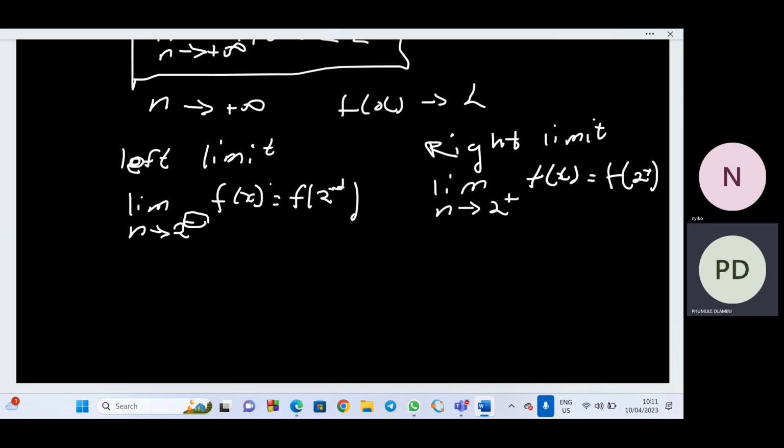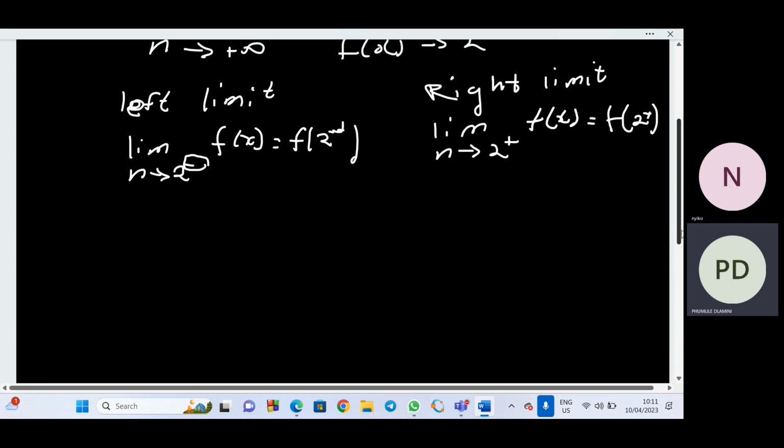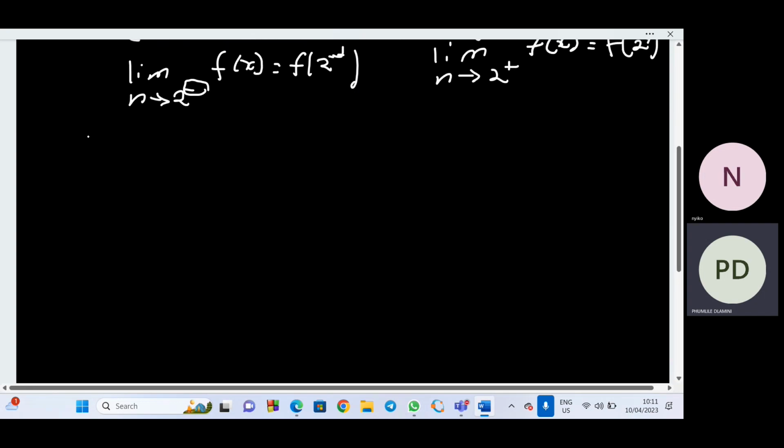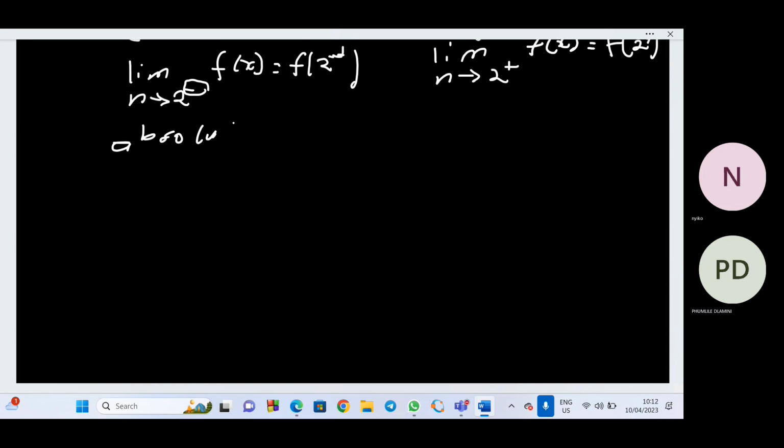So what is the meaning of these positive and negative? When we are dealing with limits, we have something called the absolute value.